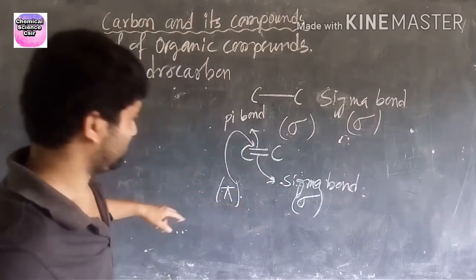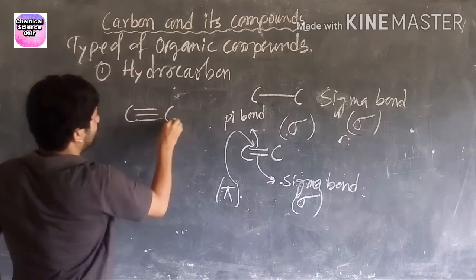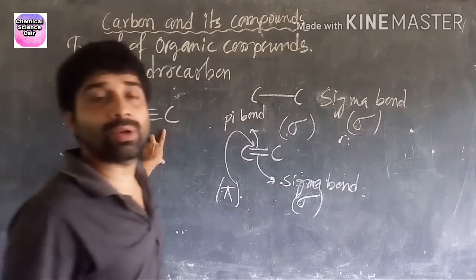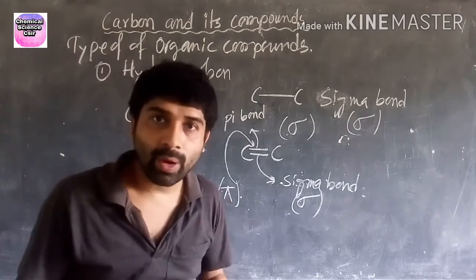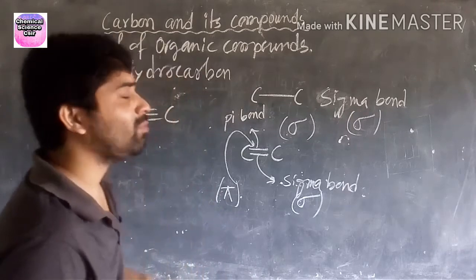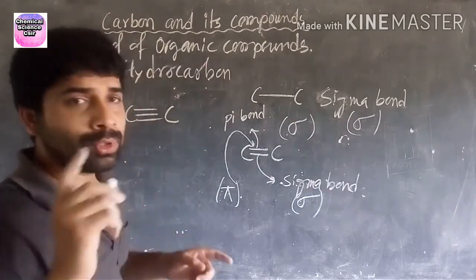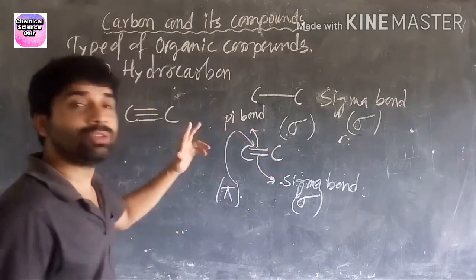Okay. Now, in a carbon carbon triple bond, how many sigma bonds and how many pi bonds are present? How to find out? You have to know a carbon carbon triple bond is there.